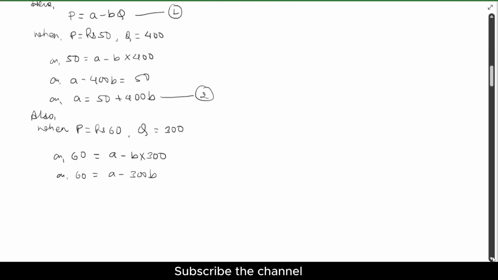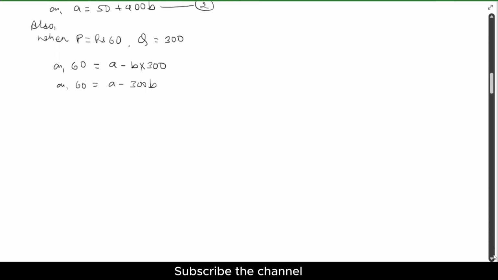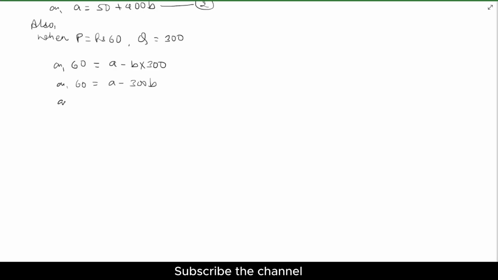For this, what we can do is simply substitute the value of A over here. What is the value of A in equation 2? It is 50 plus 400B minus 300B.